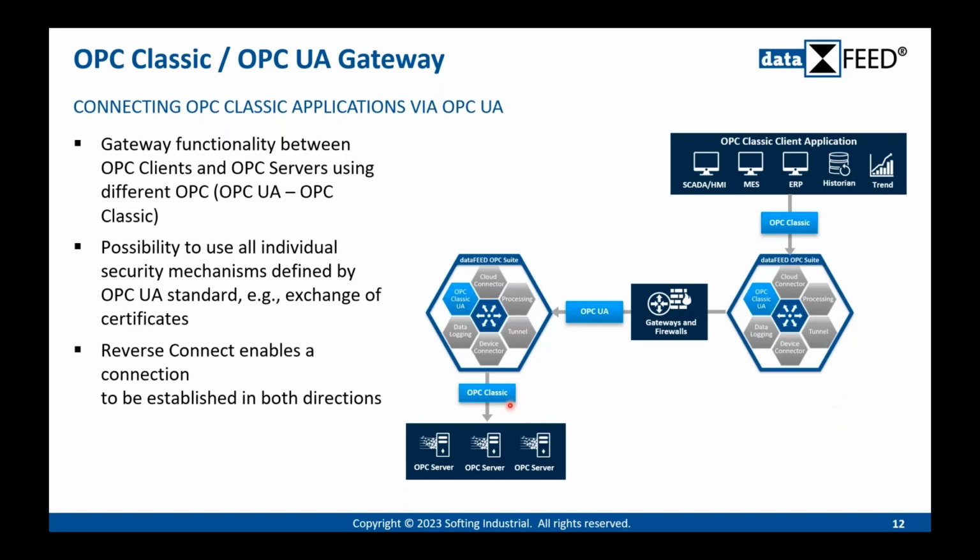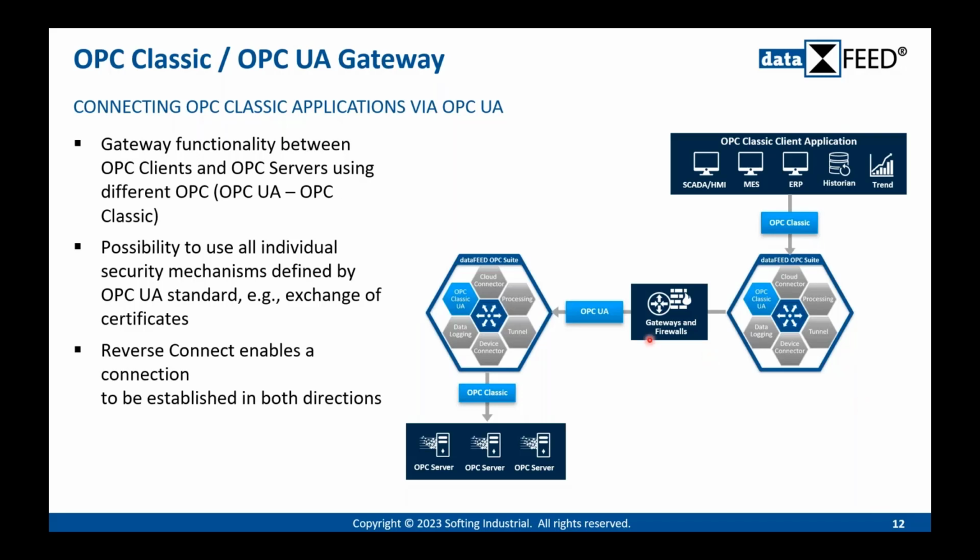In some cases, administrators don't like connections coming from outside into the OT area. With this reverse connect, we change the connection establishment. In this case, the server, which is located in the OT area, will start the connection to the client. And this also helps with the gateways and firewalls because administrators prefer to have an outgoing connection from the OT level. So this is also a possible solution from our side.